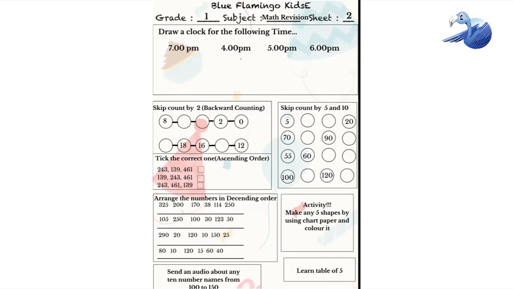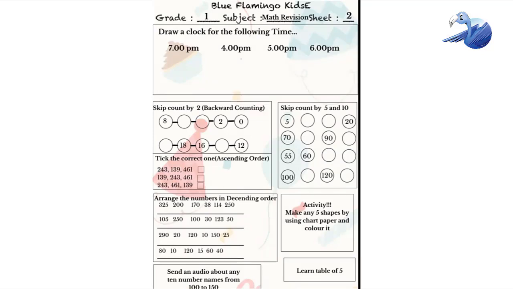Next is skip count by 2, backward counting. In this question we write down backward counting with skip number 2, and backward counting is reverse counting.